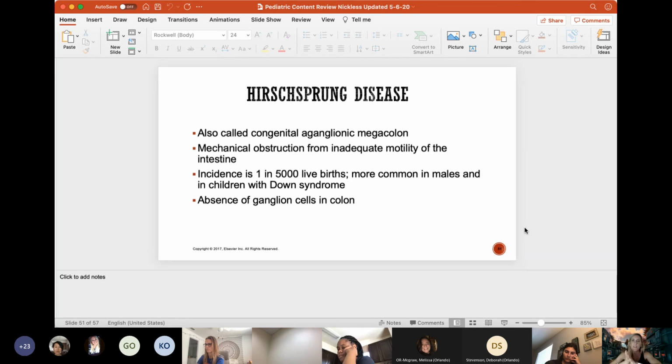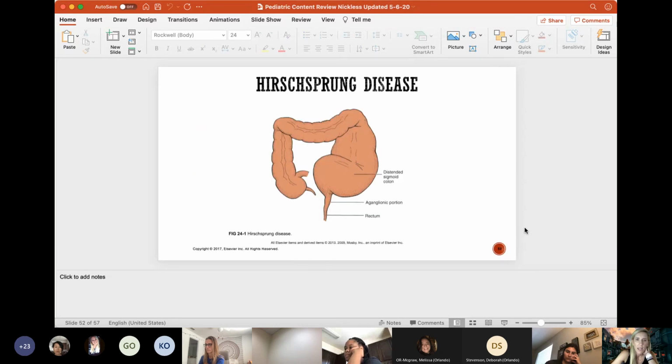Hirschsprung's, I have a picture of this. We did talk about this, but remember, NCLEX might call it aganglionic megacolon, and that is when they don't pass meconium within the first 24 hours. We're going to typically need to do a biopsy to see if there is an absence of ganglionic cells, which is how we're going to diagnose it. I have this little picture. So there it is.